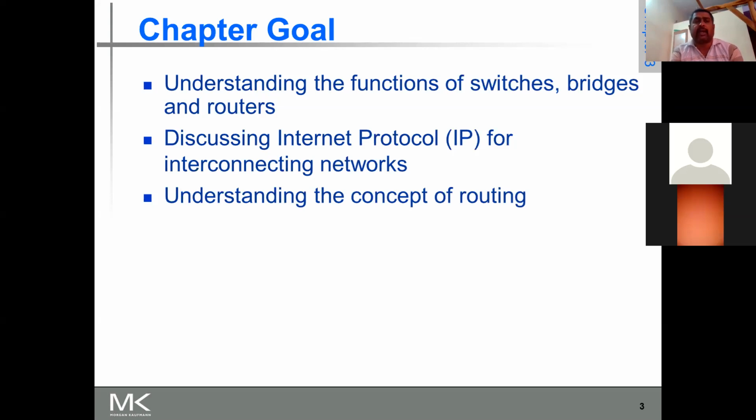Presently in the TCP/IP architecture, I have shown you that after the network layer, the next layer is the IP layer, and I have told you that this is the heart of today's internet, and the entire internet depends on this protocol. We'll discuss how it will interconnect the networks, how routing will be done from source to destination, and how that route will be maintained in the routers. All these things we are going to discuss in this chapter.